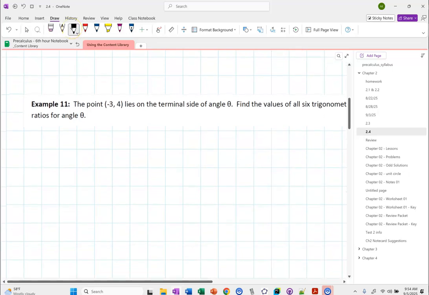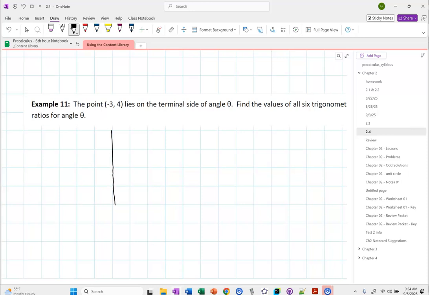Let's look at an example. It says the point -3, 4 lies on the terminal side of some angle theta. So I'm going to start by drawing myself a picture. Don't really need the picture to do this, but I think it's helpful to have something to look at.